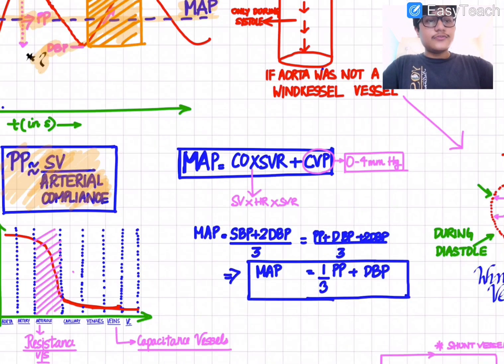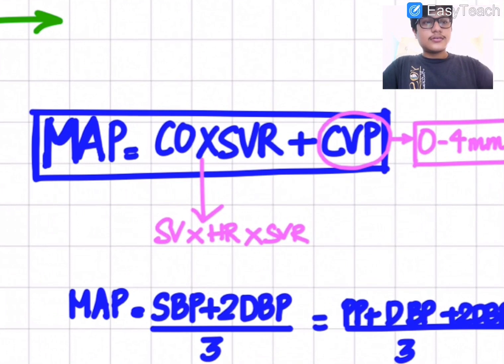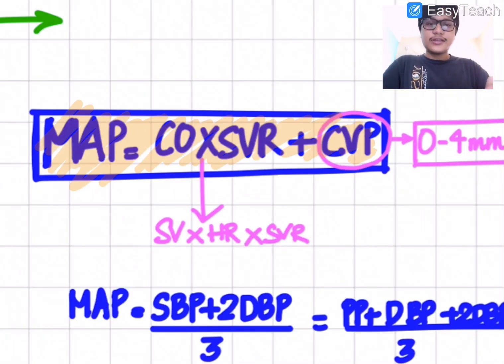And now let's move on to the concept of mean arterial pressure. Mean arterial pressure is very simple to understand. You get it from its name itself. That is, it's the mean of the pressures observed in the arterial system.